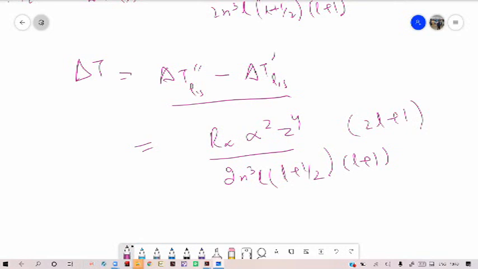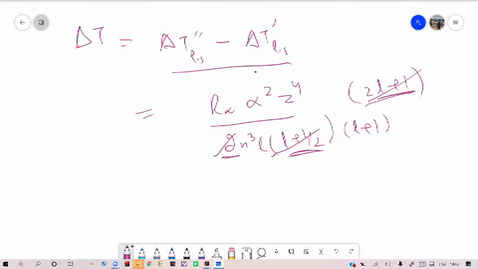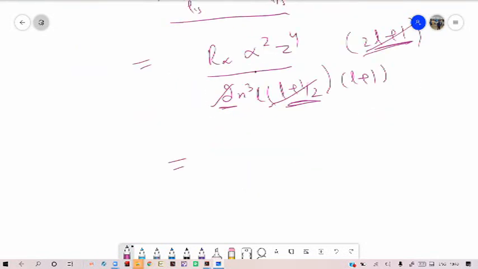So this 2L plus 1 is equal to 2 into L plus half. This 2 into L plus half and L plus 1 is the same as this, so this and this will cancel. You just take 2 common, and that will become 2 into L plus 1 by 2. So it is equal to R infinity alpha square Z^4 divided by n cube into L plus 1.